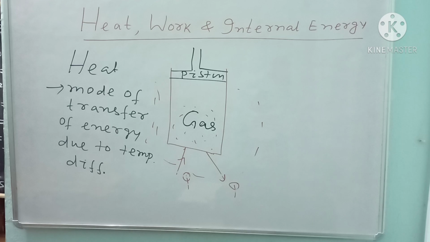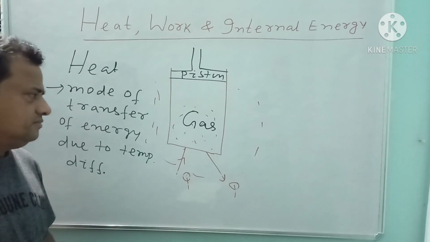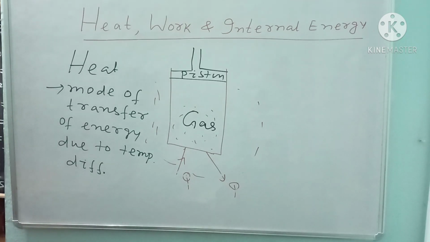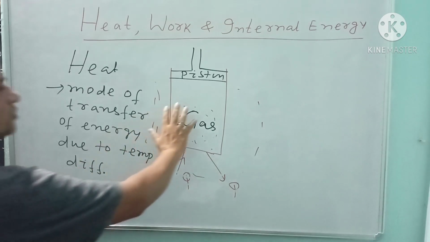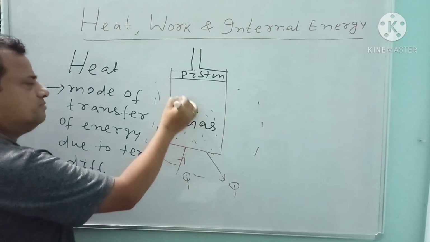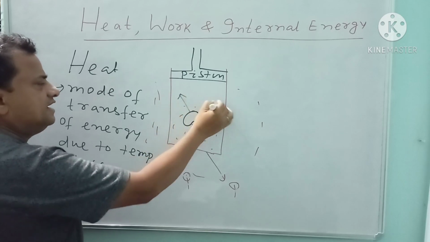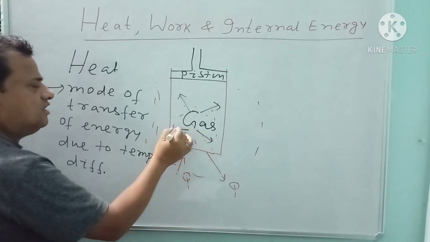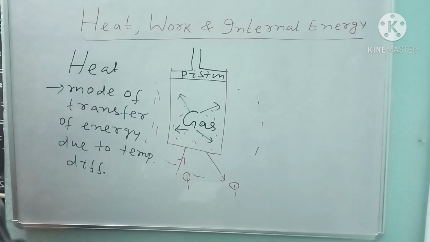Students, also we can say another point. When heat is supplied to a system, when heat is given to a system, the molecules of the gas, the molecules of the system move randomly. Means the molecules may move in this direction, in that direction, in any direction.